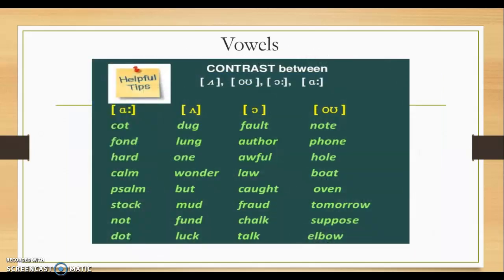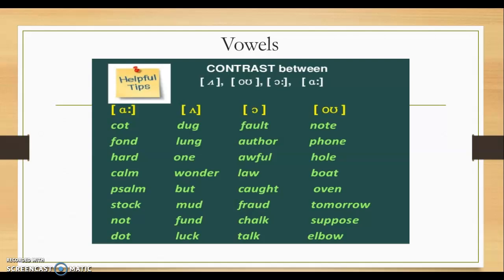Okay. To make an example of the most common vowels, we have this group of words. The first one: cut, fund, hard, come, psalm, stuck, not, dot. Okay, with the triangle or with the V upside down, we have these words: dog, long, one, wonder, but, mad, fund, luck.